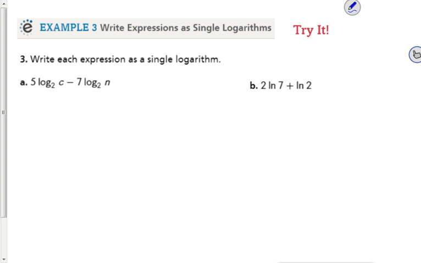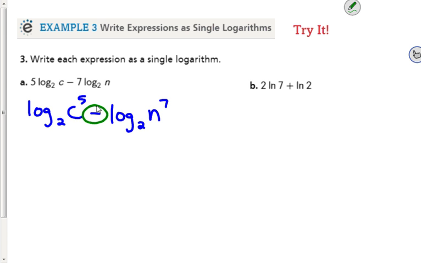Well, first thing I see is these numbers out in front, which I can move to the exponent of c and n. So it's going to look like this. Log base 2 of c to the 5th minus log base 2 of n to the 7th.